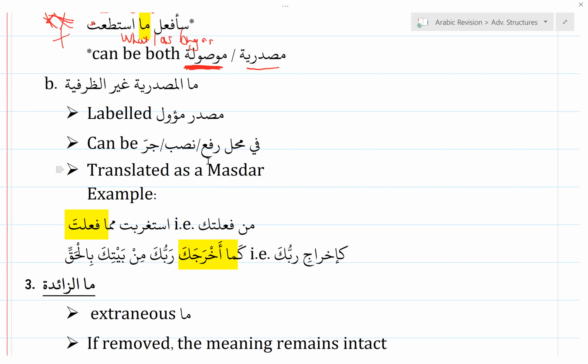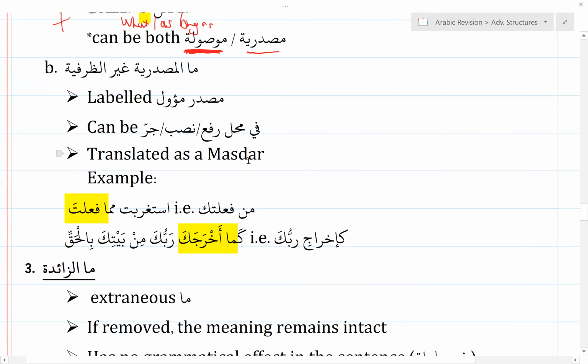If it comes before a harf of jar, it's going to be fi mahalli jar. If it's the doer, it's going to be fi mahalli rafa. If it's the maf'ul bihi, it's going to be fi mahalli nasab, and so on and so forth. You understand. And this one is going to be translated as a masdar. We will see how that comes in. So you can replace it with the masdar. If you replace it with the masdar of that verb and it makes sense, then this is ma masdariya غير زمنية.